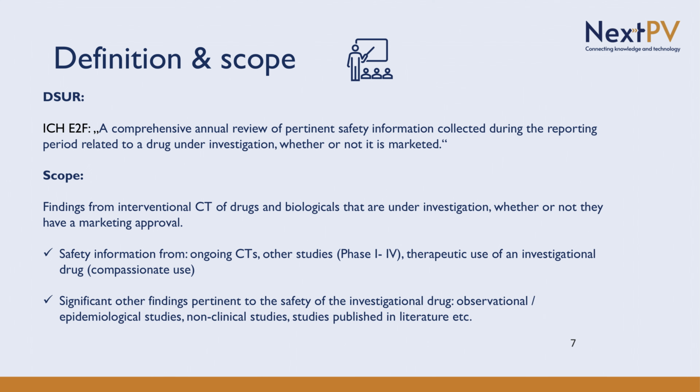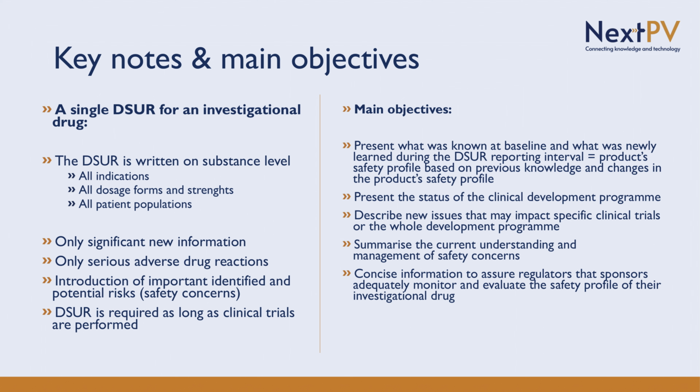Safety information from ongoing clinical trials, other studies, Phase 1-4, and therapeutic use of an investigational drug, such as compassionate use, is included. Significant findings from observational or epidemiological studies, non-clinical studies, and literature are also relevant, ensuring a thorough safety evaluation.